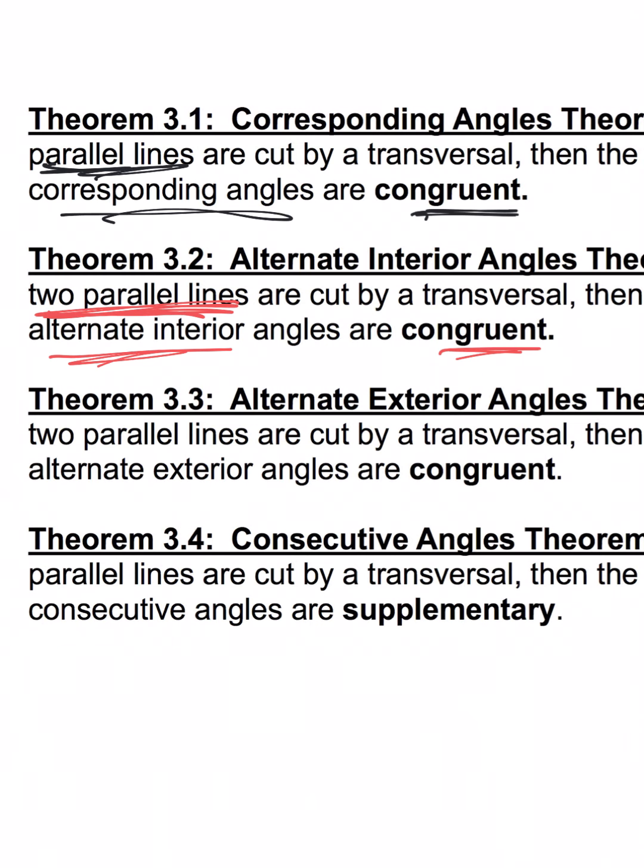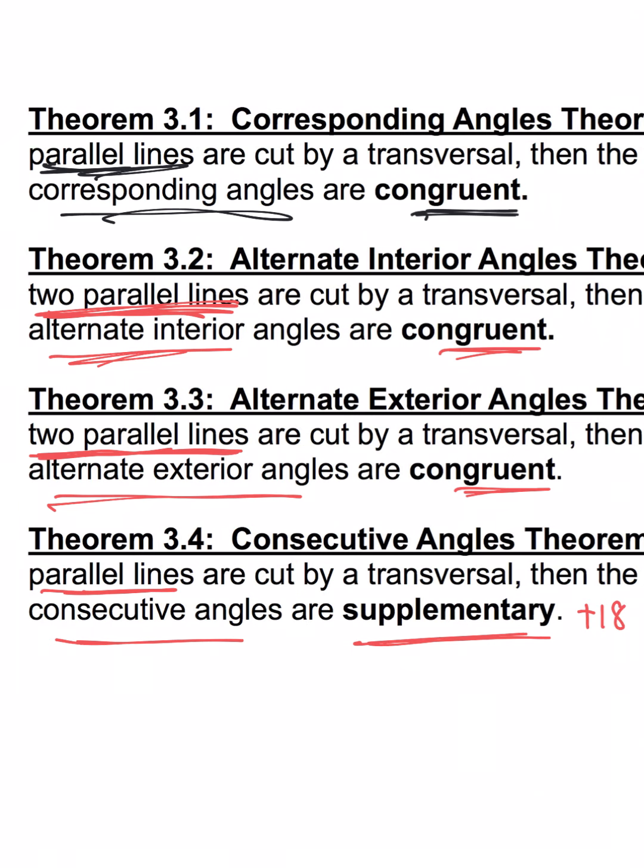The alternate exterior angles theorem always starts with two parallel lines in order for the alternate exterior angles to be congruent. And then, of course, consecutive angles also have to have parallel lines. If you have parallel lines, then the consecutive angles add to 180, right? That's what supplementary means.